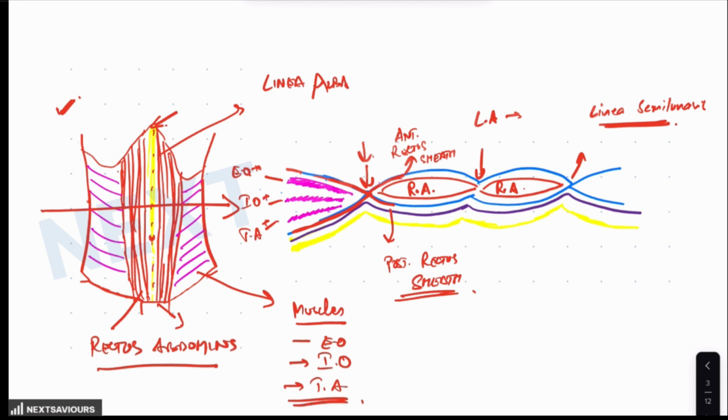These sheaths are basically the extension of the aponeurotic sheaths of the internal oblique, external oblique, and transversus abdominis muscles.